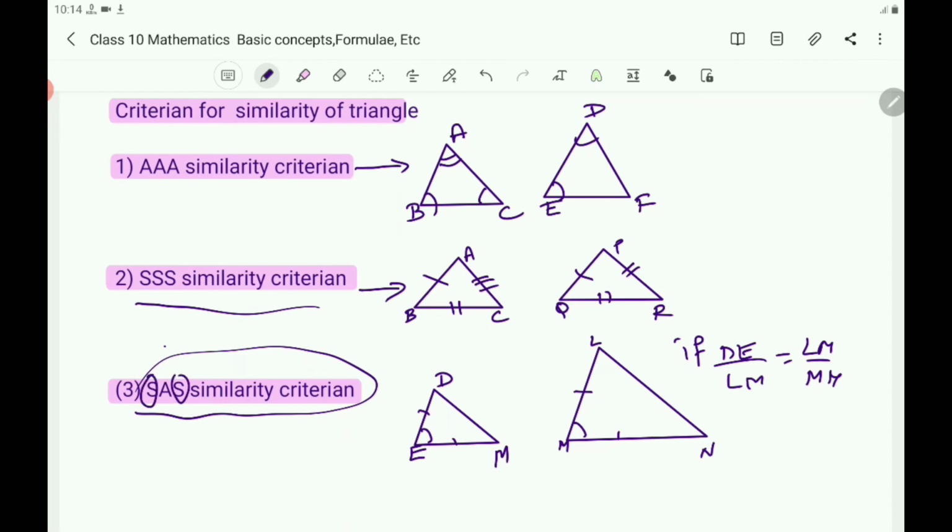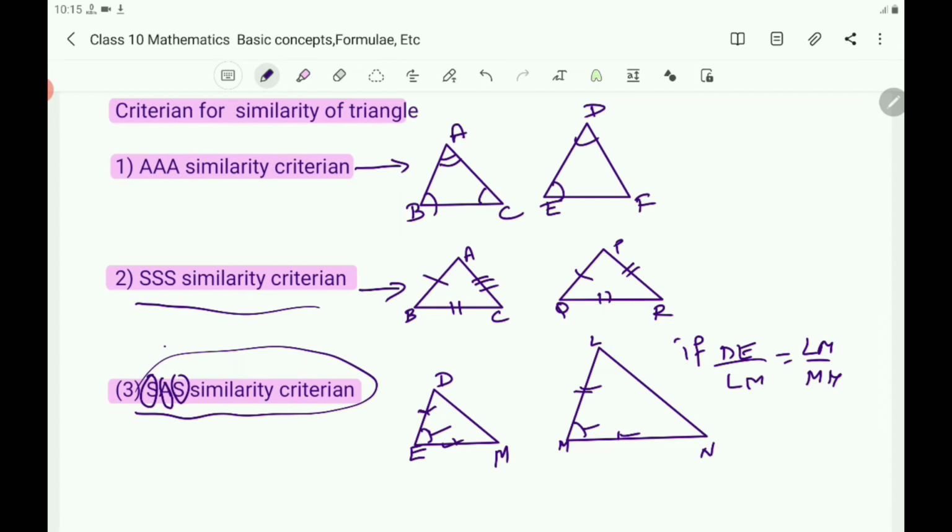Two sides and their included angle you have to take. If two sides are in same proportion and their included angles are equal, if you take these two sides, you must take this angle, and if you take these two sides, you must take this angle. Then if the angles are equal and the corresponding sides are in the same proportion, you can say that is the SAS similarity criterion.